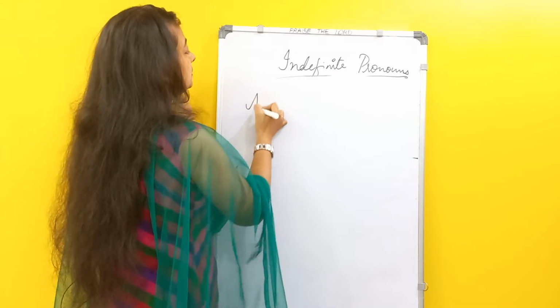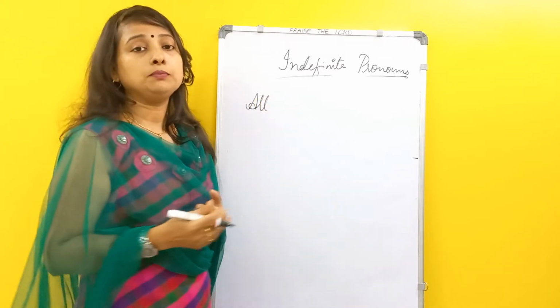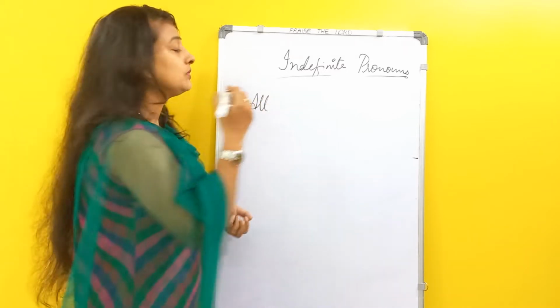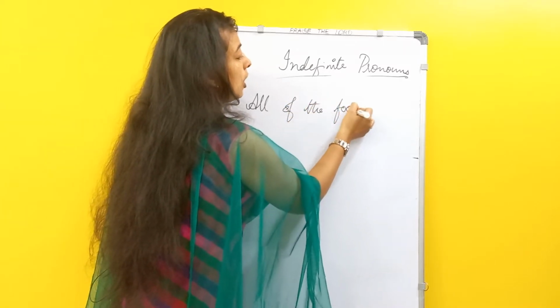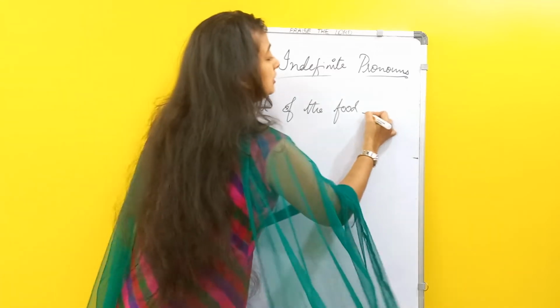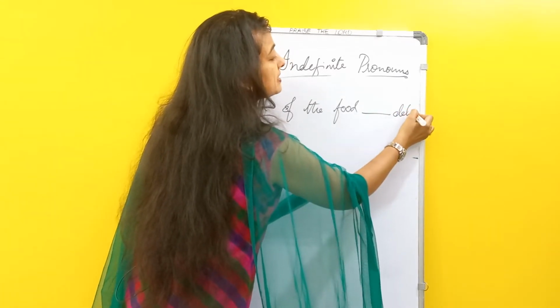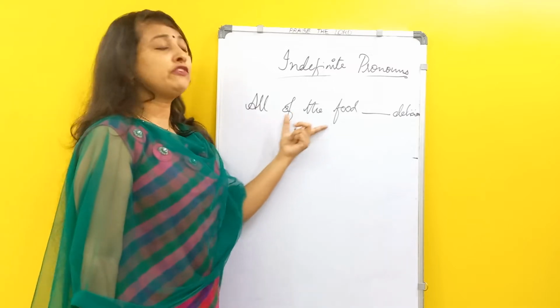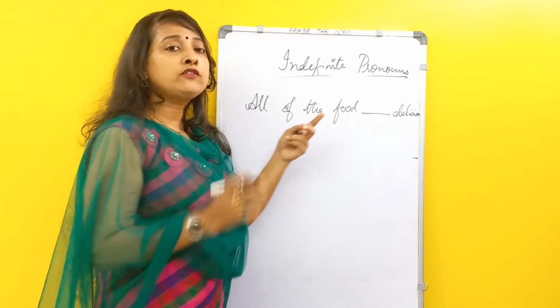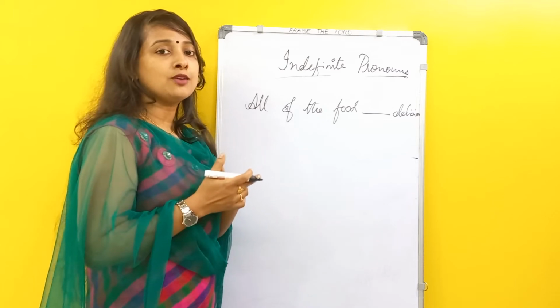Now the next word is all. If we are taking all of the food dash delicious. So here all of the food. What is food? Is food a countable noun or an uncountable noun?